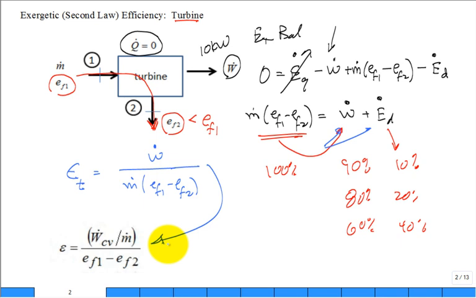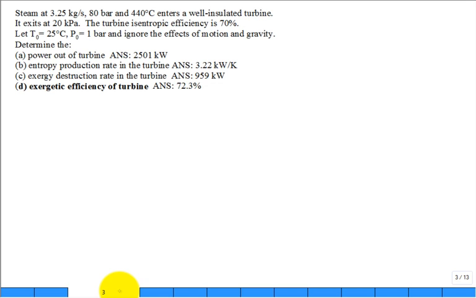See that? All right. You ready to pick up on the problem we left off last time? So, we had this problem here. We had a steam turbine. It was well insulated. We had the pressure, the temperature, the mass flow rate, exit pressure, and it had an isentropic efficiency specified, a little review of Thermo 1. We then solved for the power out of the turbine and found it was around 2,501 kilowatts.